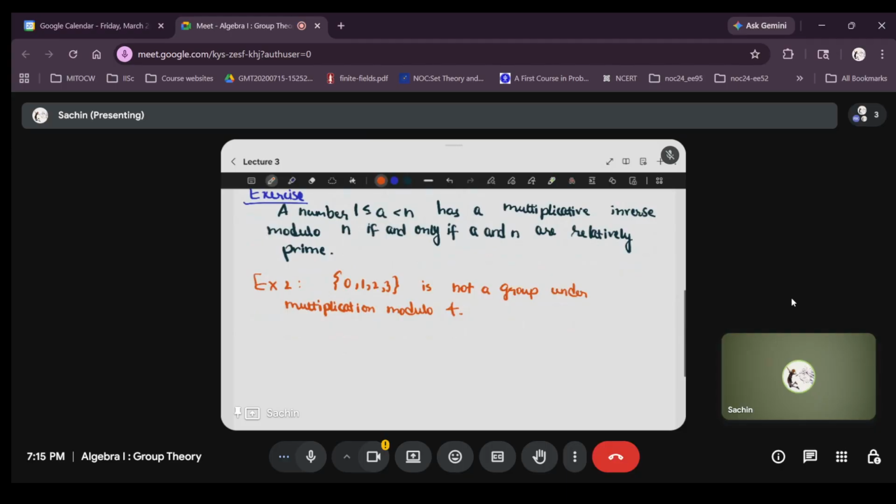Why is this the case? Yes, there is no inverse for 0. 0 times nothing will give you 1. 0 times anything is 0 itself. So you can't get a 1, which is the identity element for multiplication.